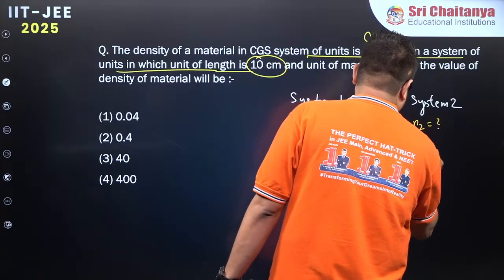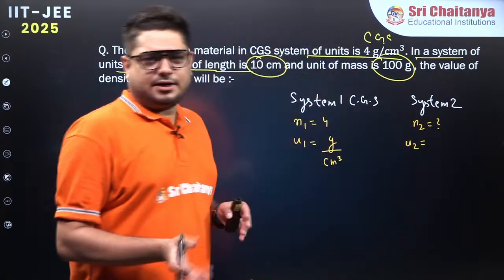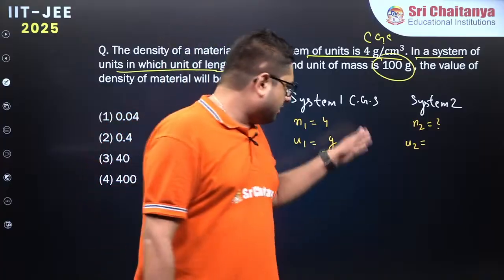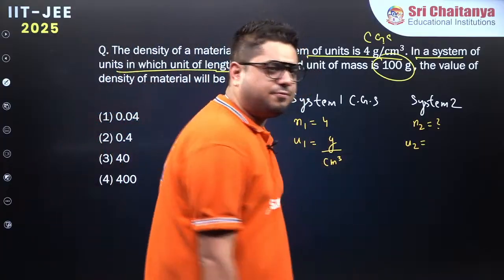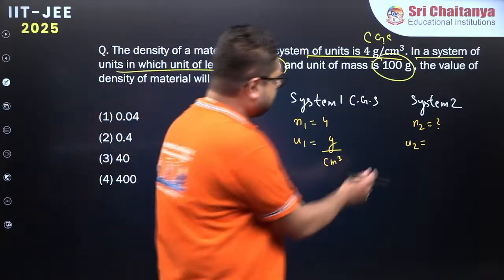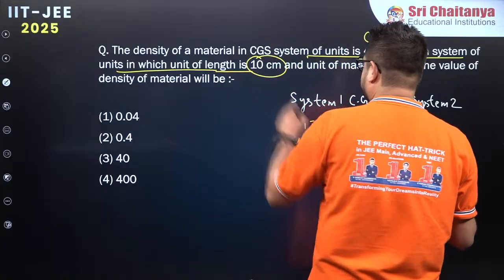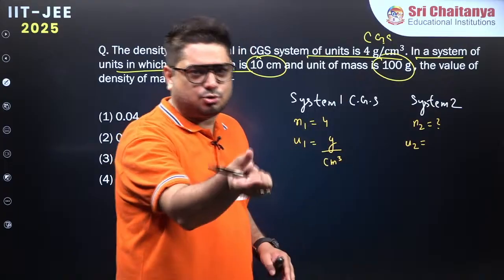And what is U2 over here? You know what density's formula is. Density is mass per unit volume, and that's the unit being given, gram per centimeter cube. In this case, they have given you the analogous values, which are 10 centimeter as the associated length and 100 grams as the associated mass.